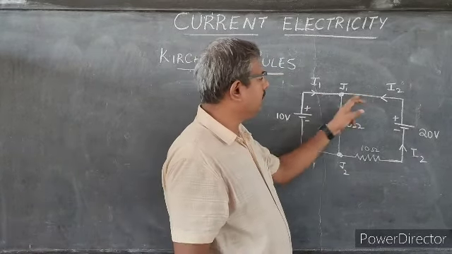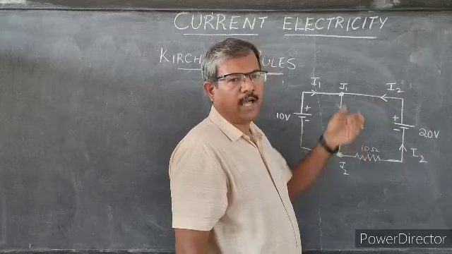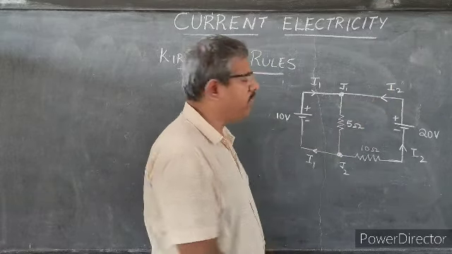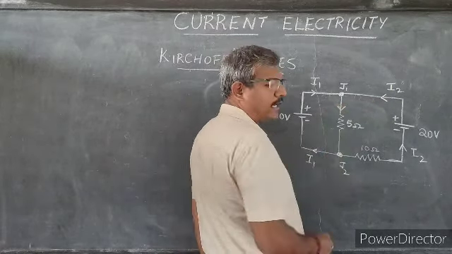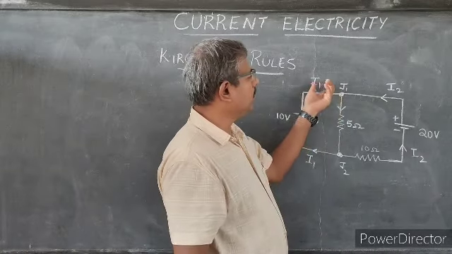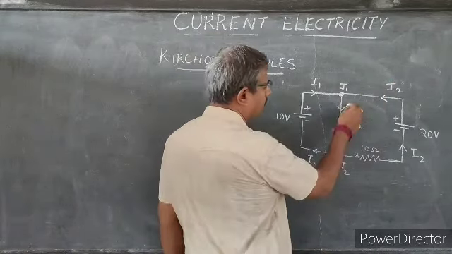So out of the three circuit lines that are meeting at this junction, two of them are bringing in the currents. So obviously this one should be taking out the current from the junction. And what's the total current that it should be taking out? It should be equal to the sum of I1 and I2 as per the current law. So this should be equal to I1 plus I2.